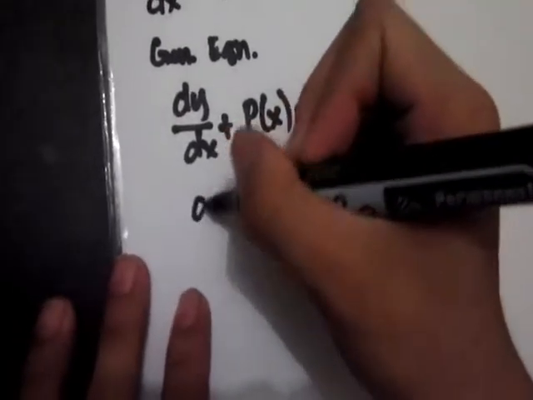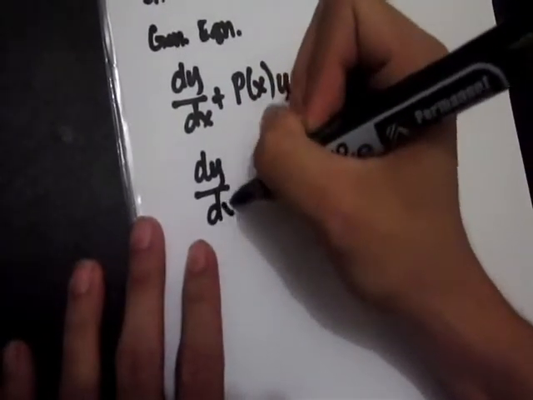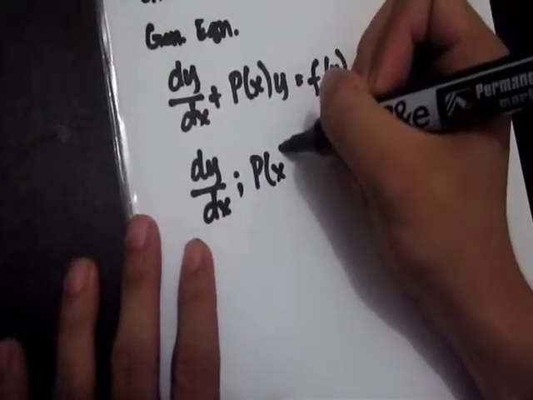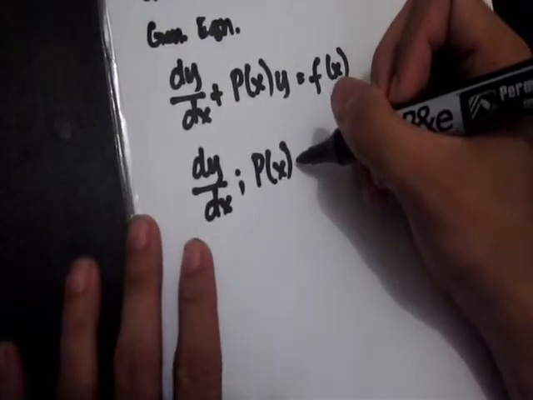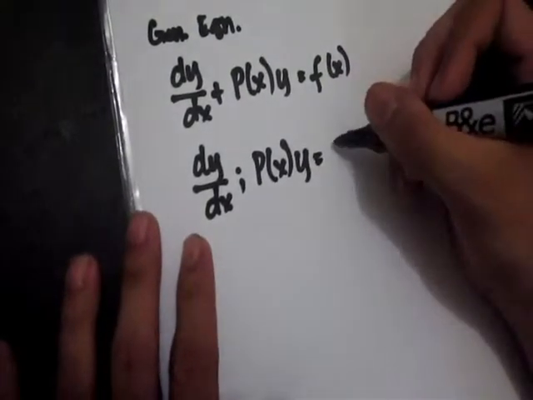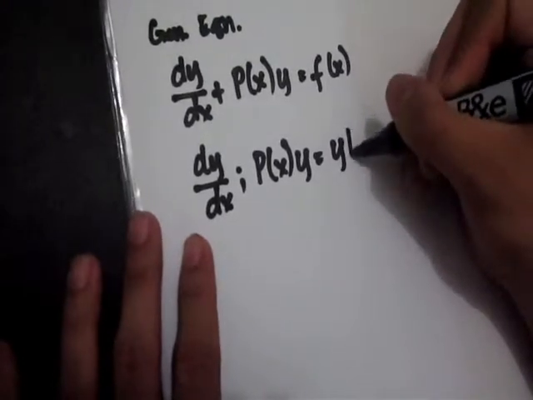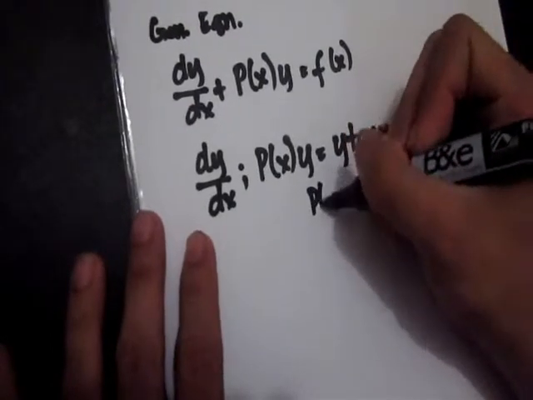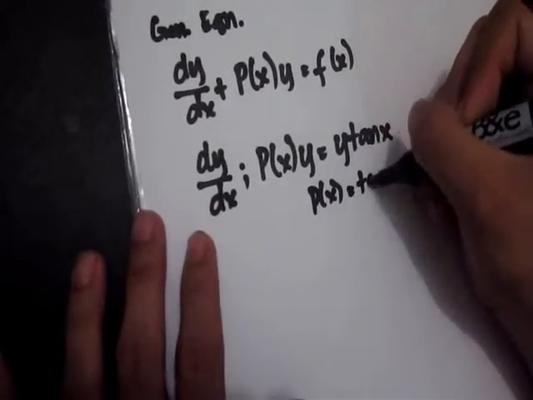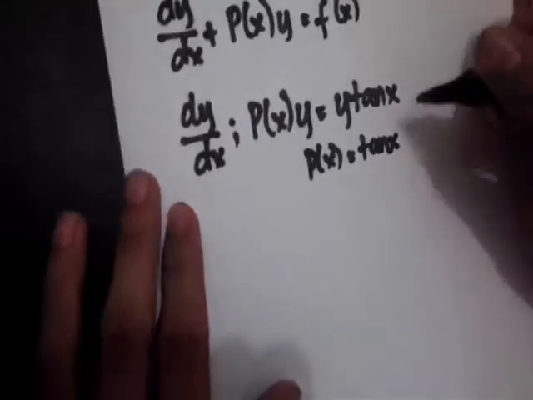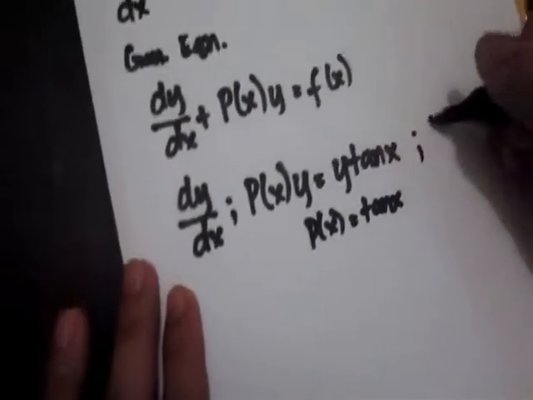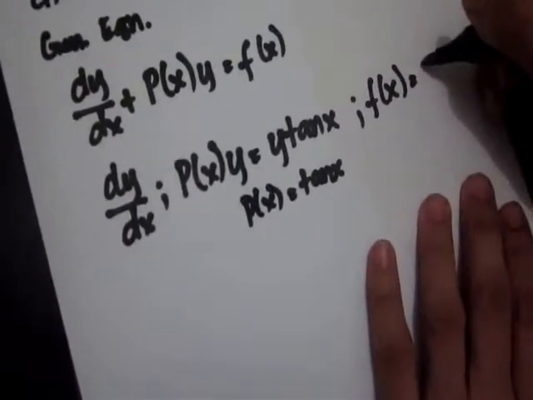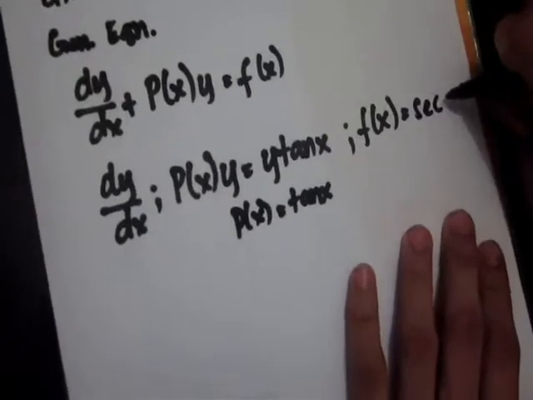So, we have dy dx. The p of x times y of this equation is y times the tangent of x, where your p of x is the tangent of x, and your f of x of the linear differential equation is secant of x.